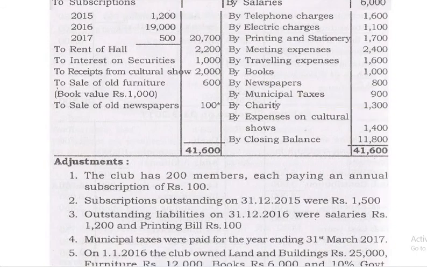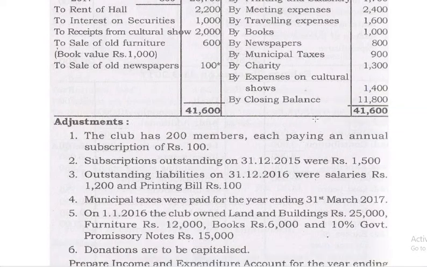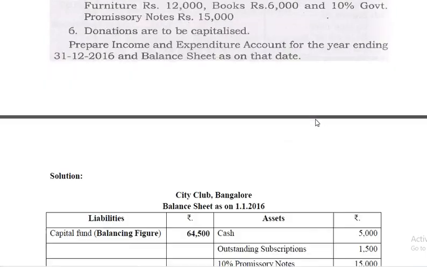Newspaper, revenue expenditure. Municipal taxes, 900 minus prepaid expenses in the income and expenditure account, and in the balance sheet asset side, prepaid municipal taxes 225. Charity should be debited to the income and expenditure account. Expense on cultural show should be debited to the income and expenditure account. Closing balance will appear in the closing balance sheet. So I have completed everything.